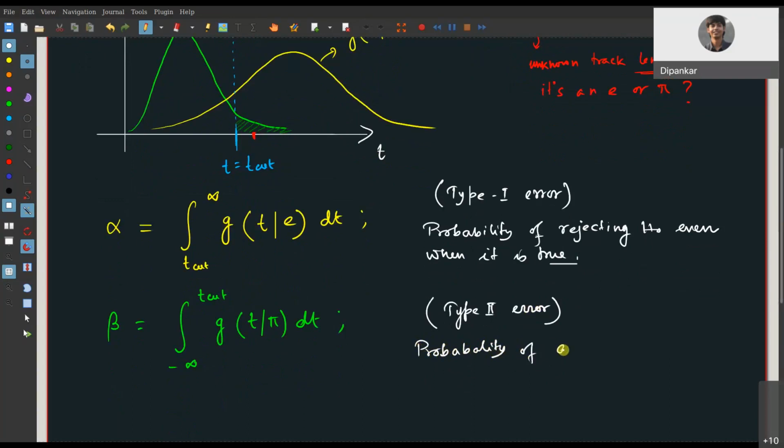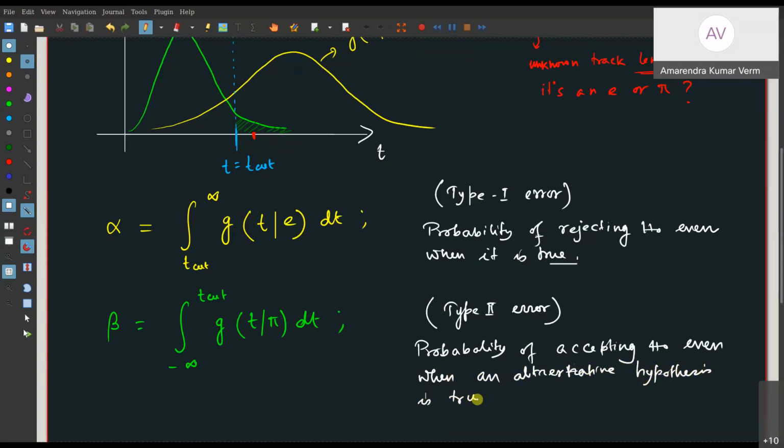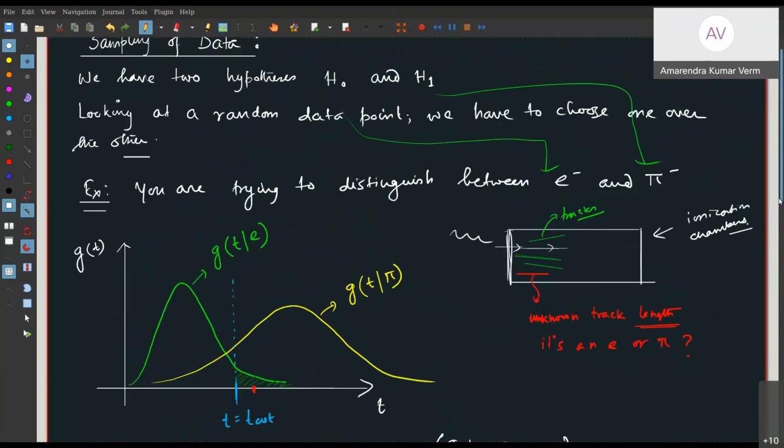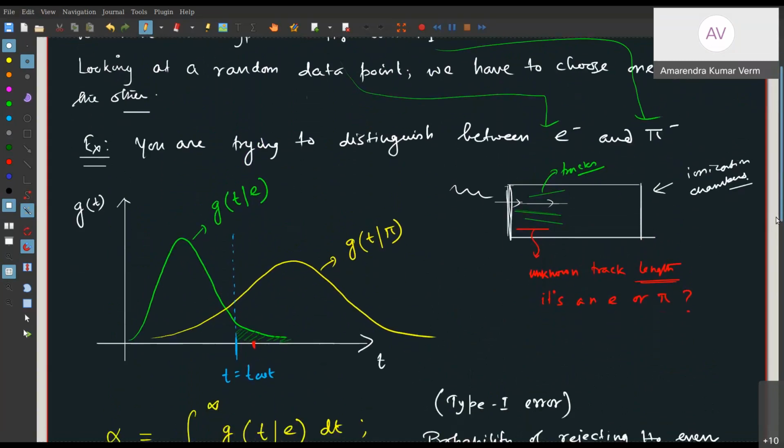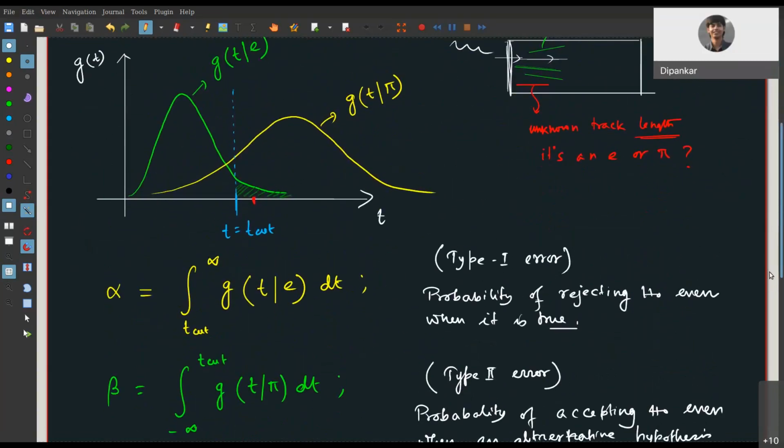In the first case, H1 is true, you have taken the pion to be H1.